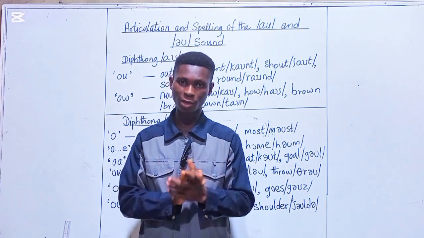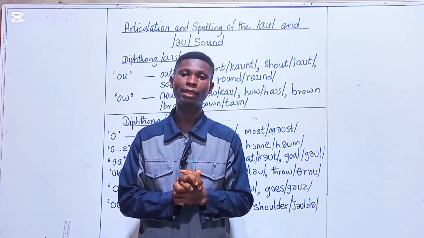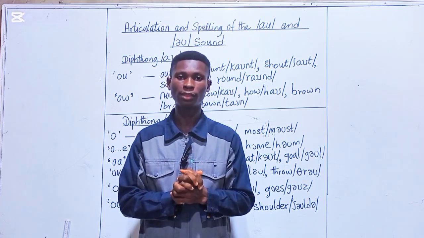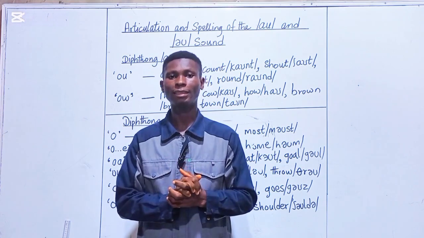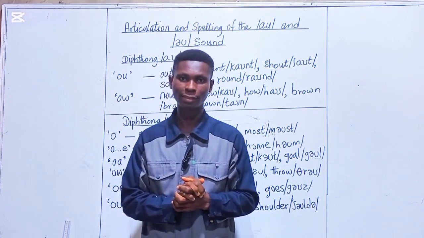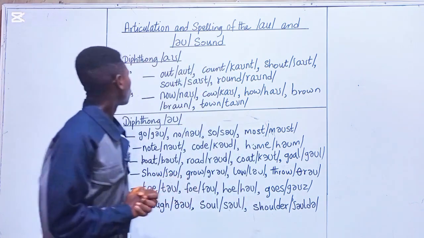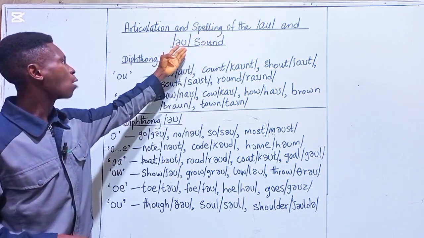We also have here the graphemes representing each of these two diphthongs. So look at the graphemes as well as pay attention to the articulation of each of these sounds. Alright, articulation and spelling of the /aʊ/ and /əʊ/ sounds.